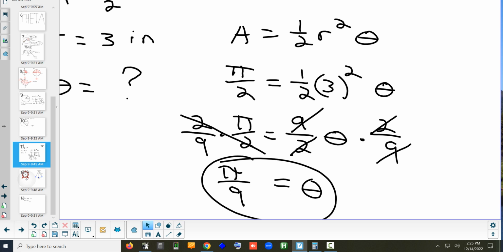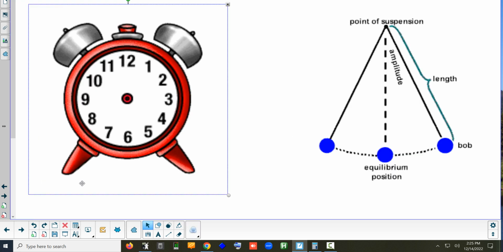Okay, so the homework is going to have a couple problems about a clock. And it's going to ask a question like, how far does the tip of the minute hand move from 12 to 4? So the tip of the minute hand's on 12, and then it moves to 4.